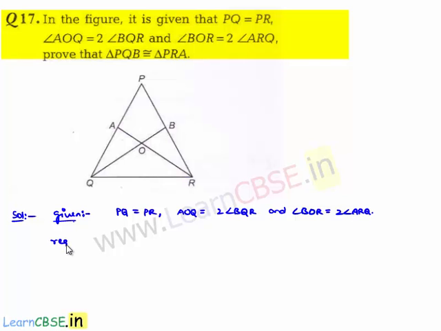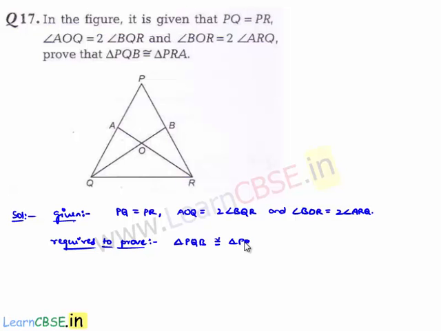Now we are required to prove that triangle PQB is congruent to triangle PRA. So here it is given that angle AOQ is equal to 2 times angle BQR. Also angle BOR is given as 2 times angle ARQ.